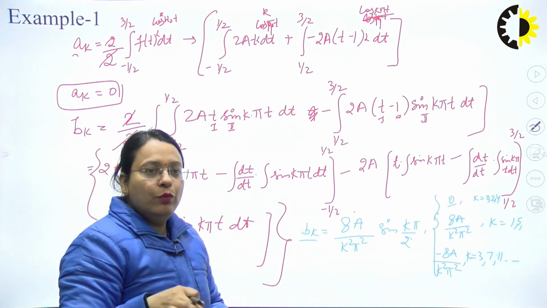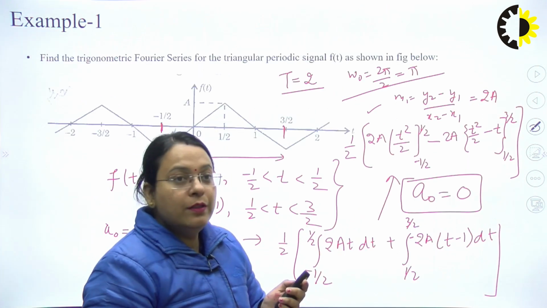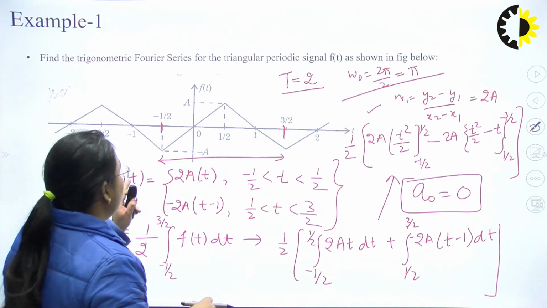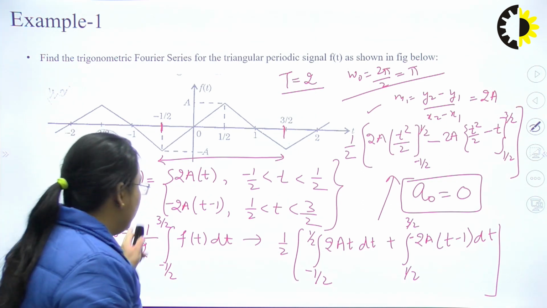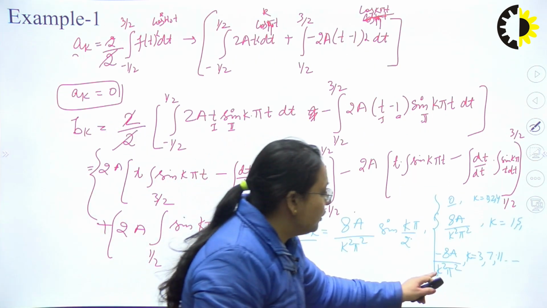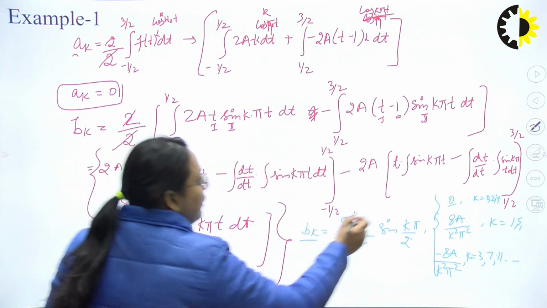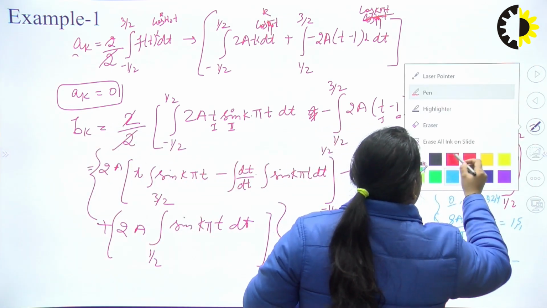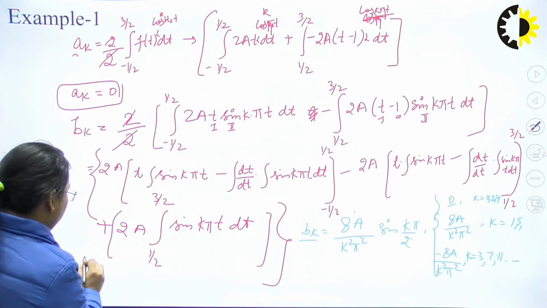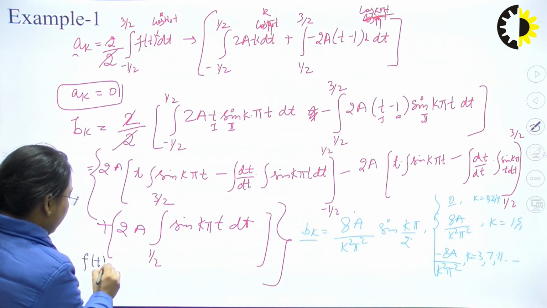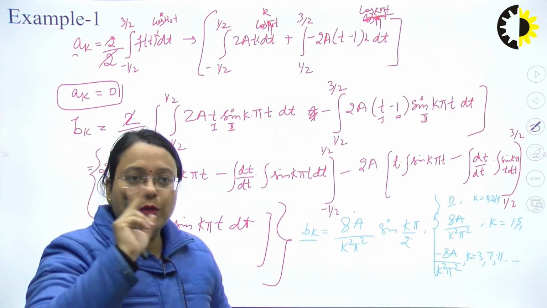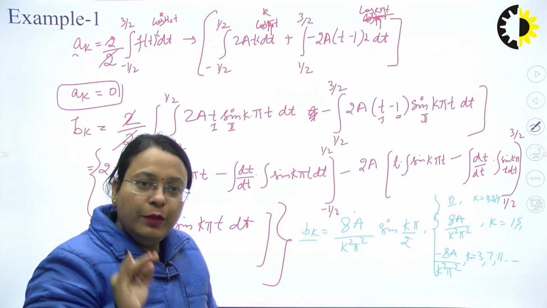Now I have to find out the function value, that is the function ft. So ft will come out to be, see, ft will be equals to a naught is 0 plus ak is 0. Then I'll put the value of the coefficient k, and finally let me write out the final value of the ft, which is coming out to be, now the value was trigonometric value for summation of k from 1 to infinity.